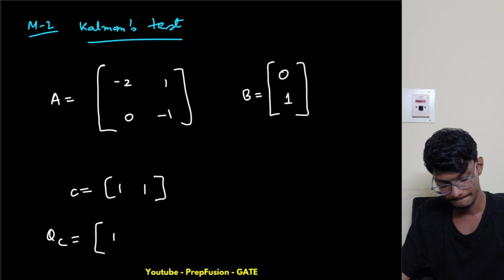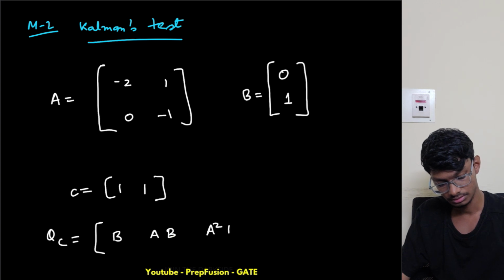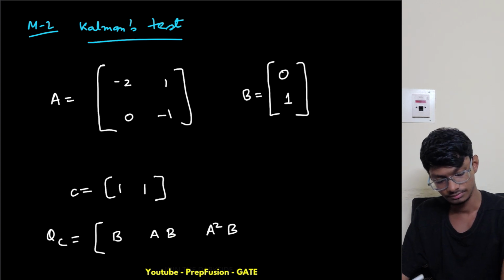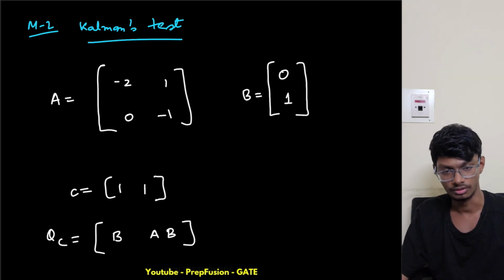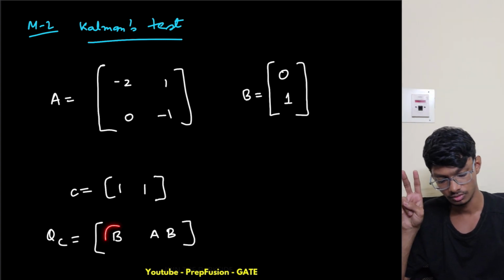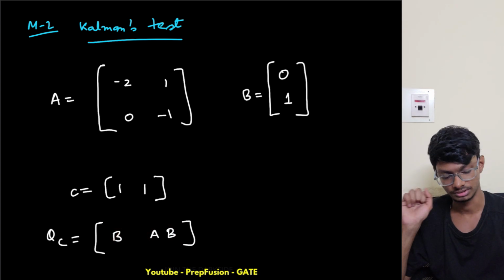QC was simply B, AB, then A square B, right? But we are only doing it for second order, so we'll only go until here. Each of them are column matrices.